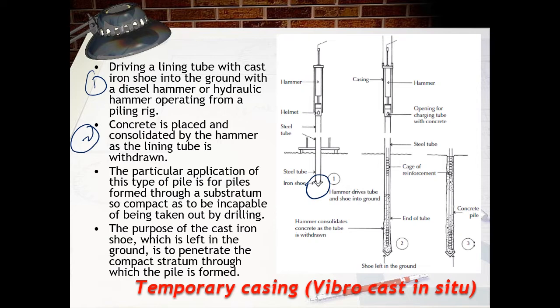The particular application of this type of pile is for piles formed through a substratum so compact as to be incapable of being taken out by drilling. The purpose of the cast iron shoe, which is left in the ground, is to penetrate the compact stratum through which the pile is formed.